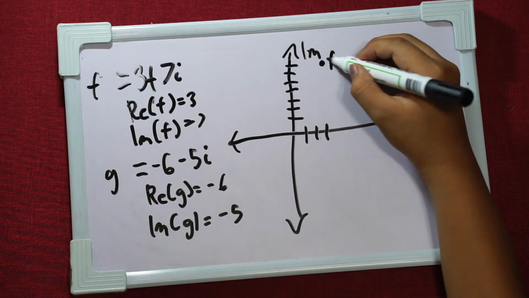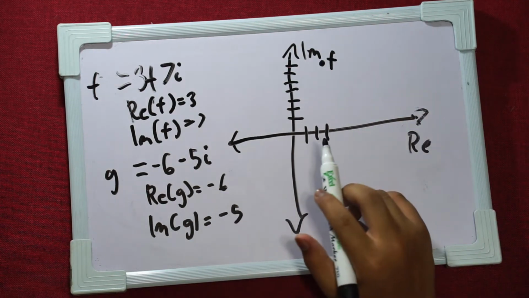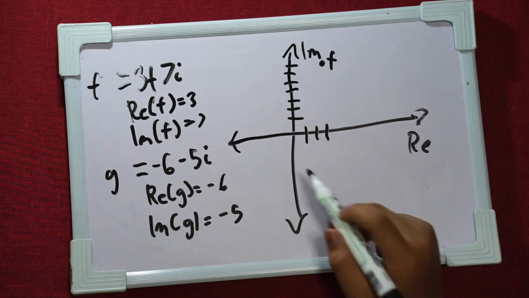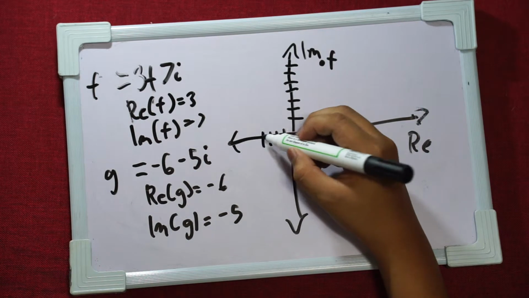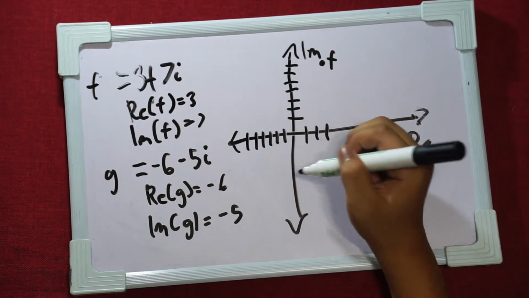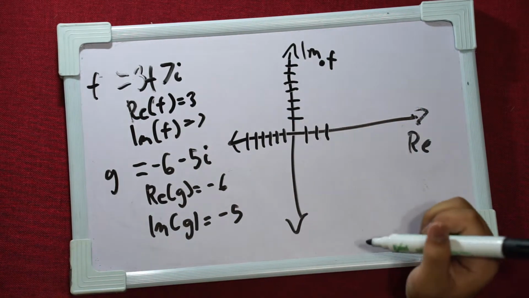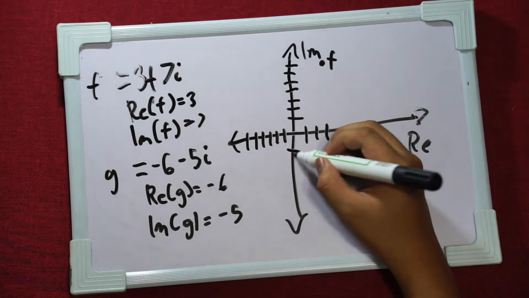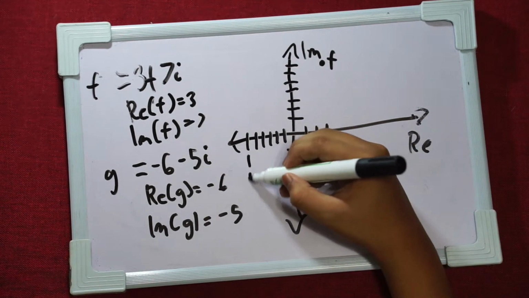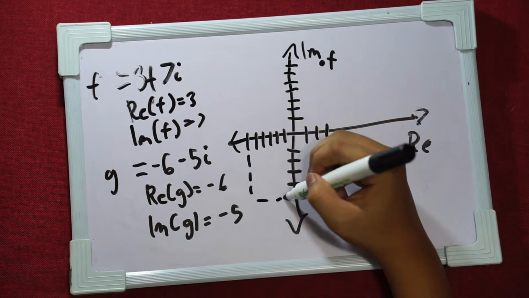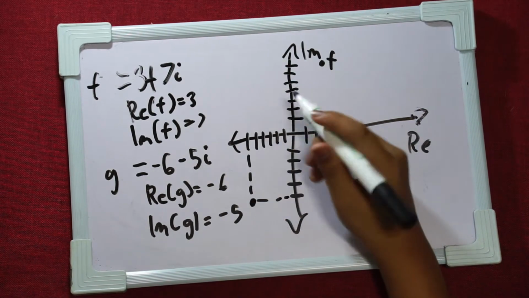This would be f. On g, the real part would be -6. So 1, 2, 3, 4, 5, 6. And the imaginary part would be -5. 1, 2, 3, 4, 5. It would be here.